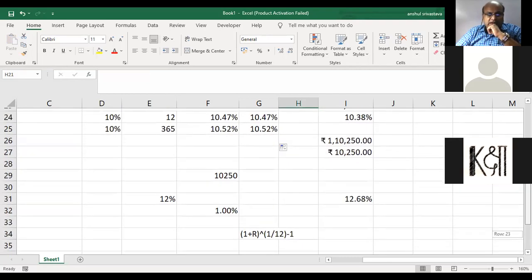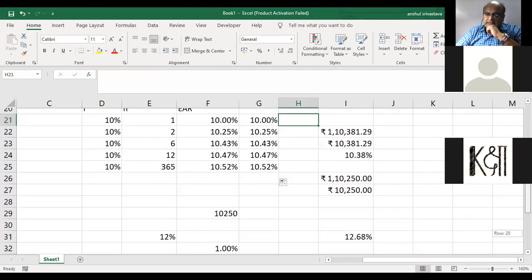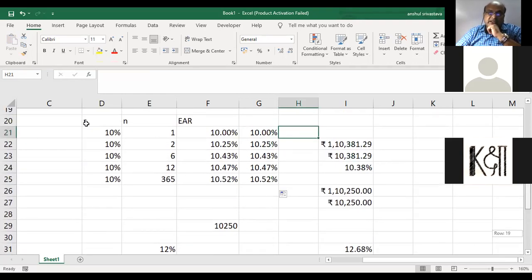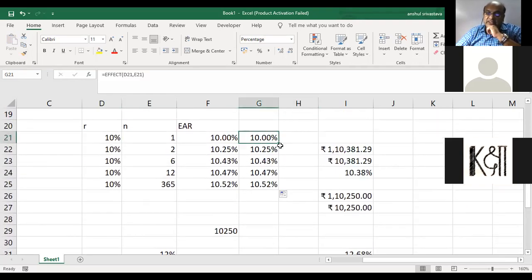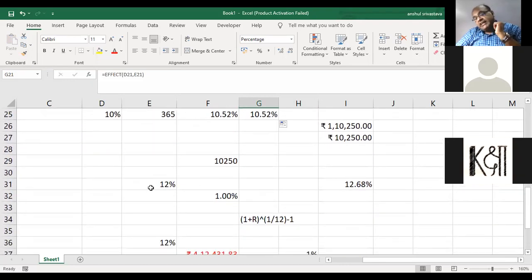How? Look, in the product where the frequency of compounding is defined, this is nominal rate and we are getting effective rate. But if it is a market-driven product, your assumption is 12%. Yes, this 12% is effective rate. So you will have to use the formula of nominal to arrive. So what we'll have to do?